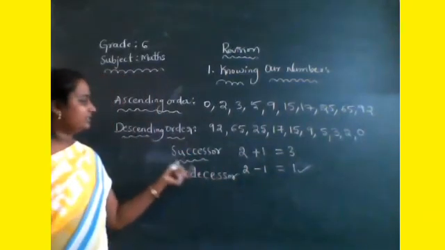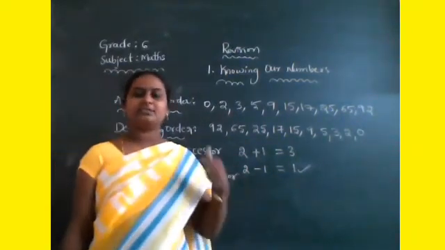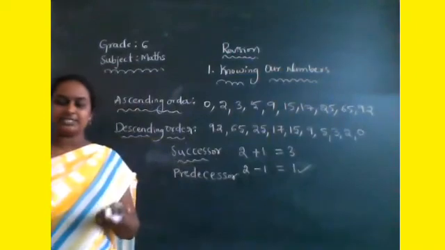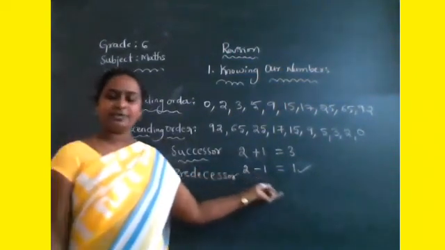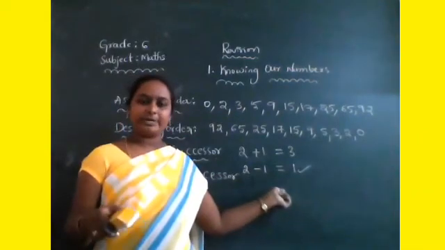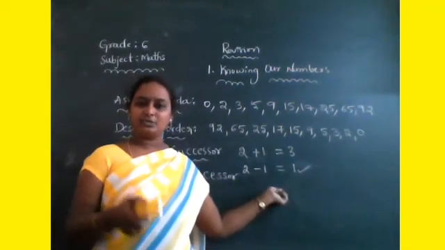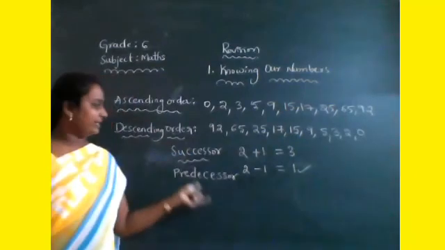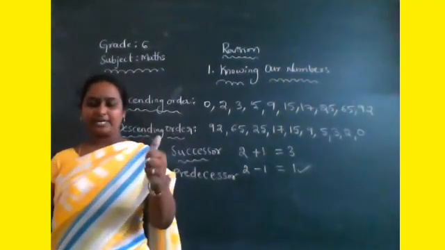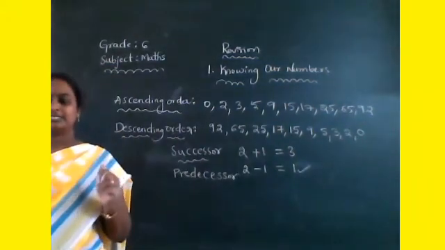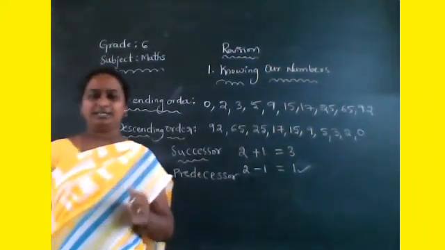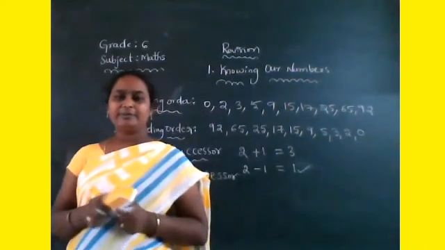Like that, successor of 5 is 6. Successor of 6 is 7. So, what is the predecessor of 5? 4. Predecessor of 3? 2. Okay. So, remember, successor means plus 1. Predecessor means minus 1. So, these terms also you have to learn. You have to remember in your mind.